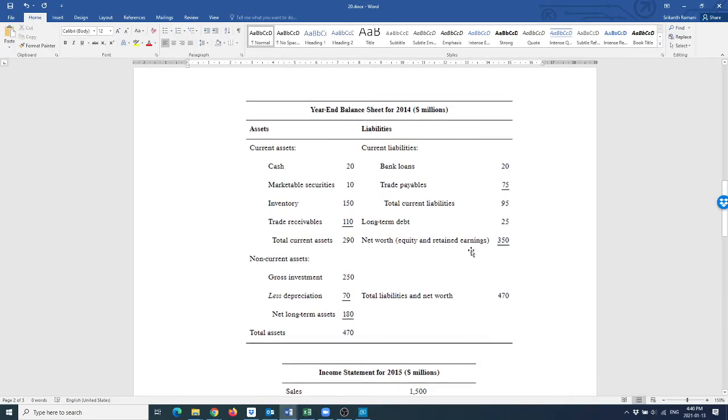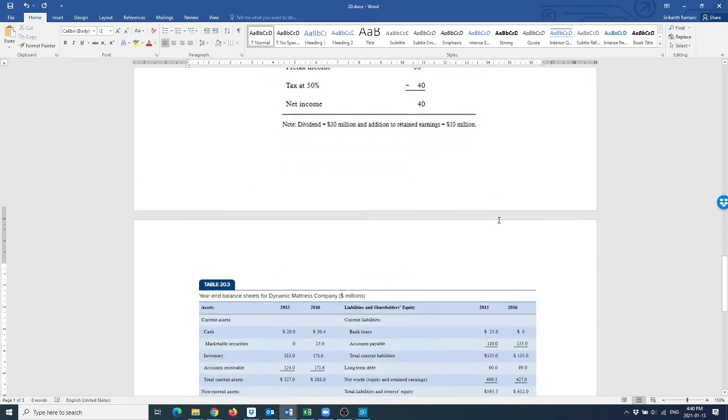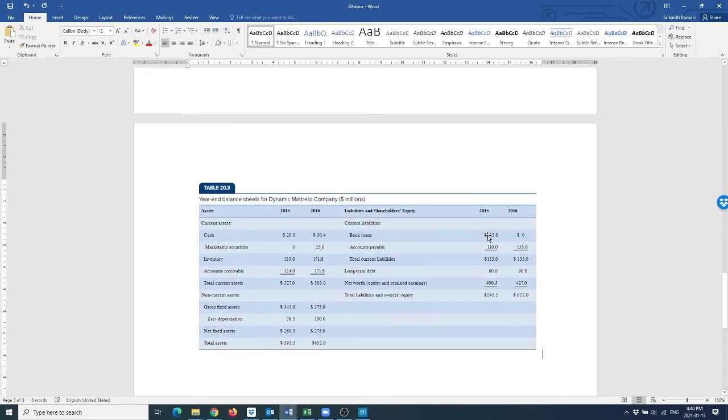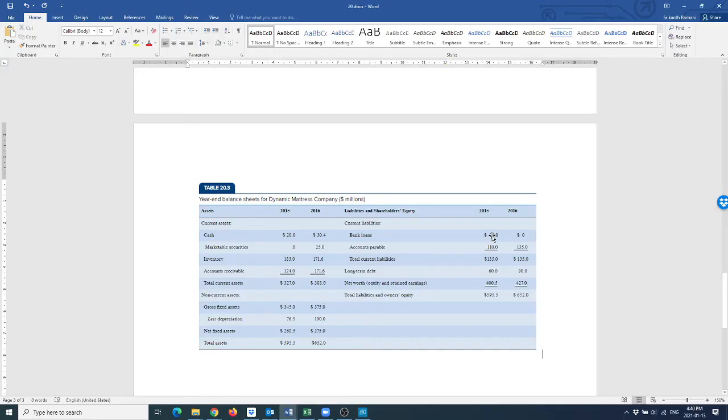Let's look at the bank loan. The bank loan was $20 in 2014, and the bank loan is $25, so you borrowed $5. The dividends is a cash outflow, so that's negative. In the previous scenario, that was negative 5.